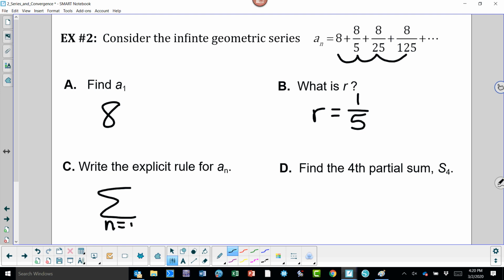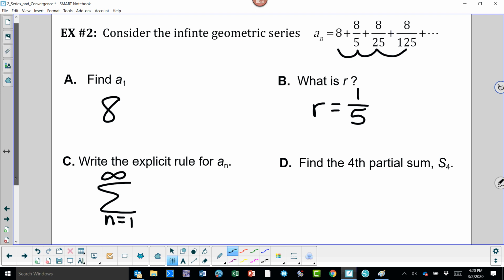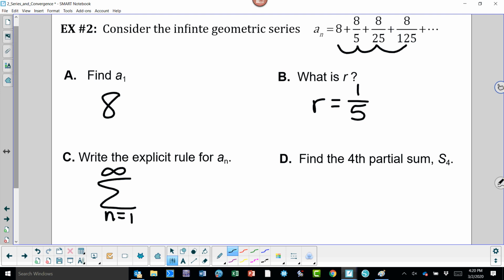Now, I almost always start with 1 and not 0, but you can start with either one. The key is just making sure that after you write down your formula that it matches up. So we know that we have an r of 1/5, and we know it's raised to a power.